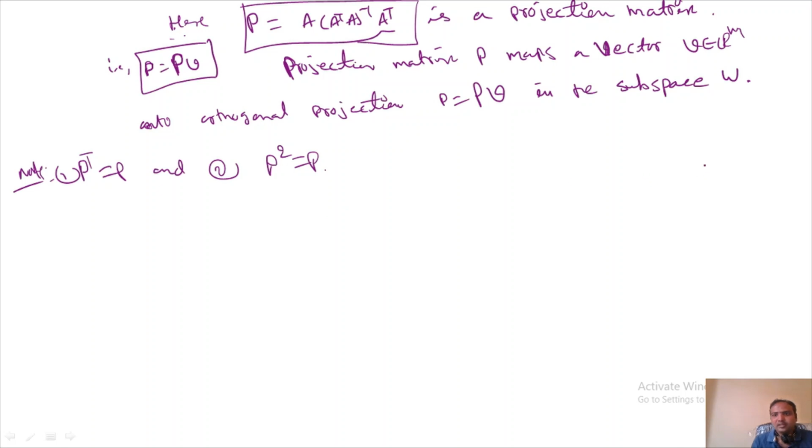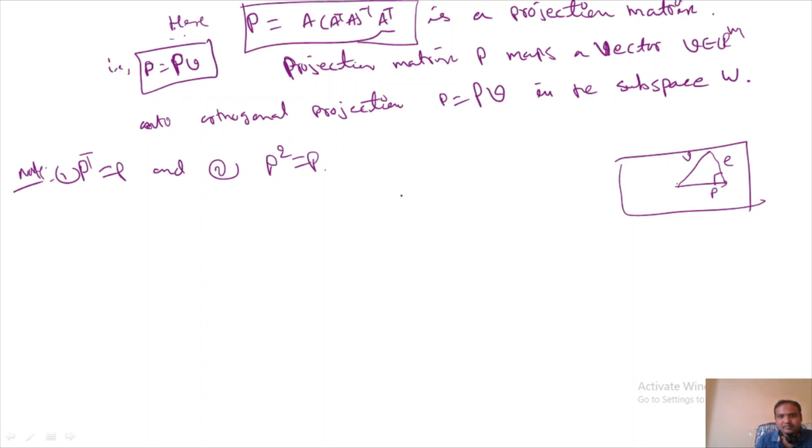See now observe here, suppose we are projecting vector V onto this plane, and this is the error vector. These all form a right angle triangle. So now observe here, we are finding this one.